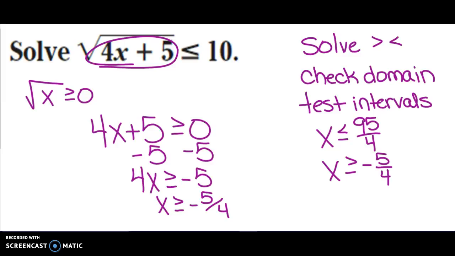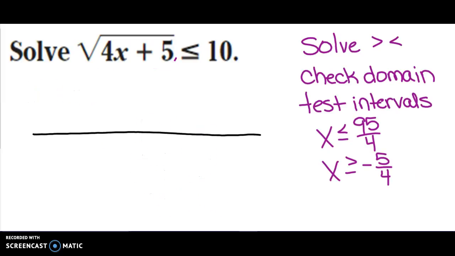Now, I think this looks good, but we're going to test just to be sure. So I'm going to erase this again. Okay, now I've made a number line. So my number line is going to have my critical points on it. So 95 over 4 is obviously going to be on the right side.